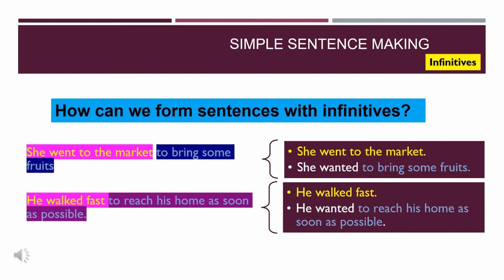So we have joined this why part, the reason, from the infinitive portion, and made a sentence like he walked fast to reach home as soon as possible. So he walked fast was the first sentence. The second sentence was he wanted to reach home as soon as possible. We have joined them together and made the sentence: he walked fast to reach his home as soon as possible.